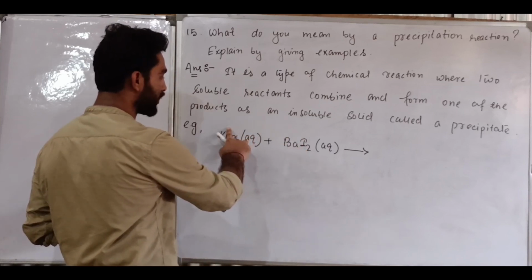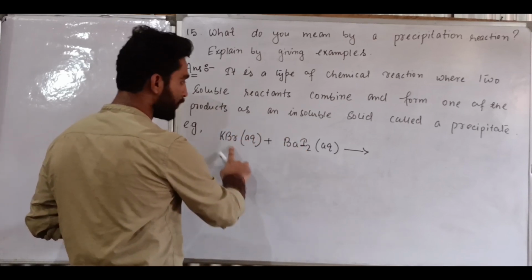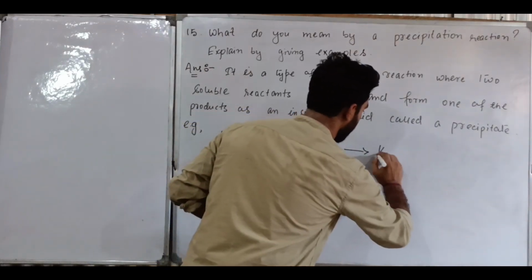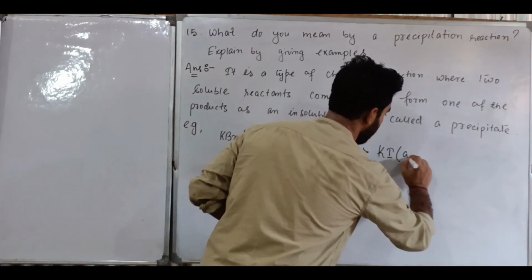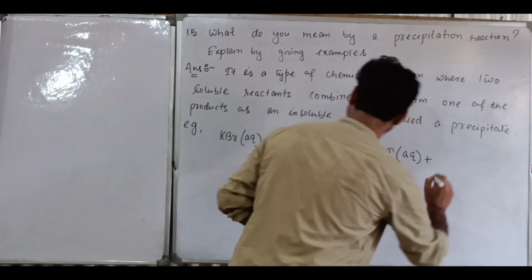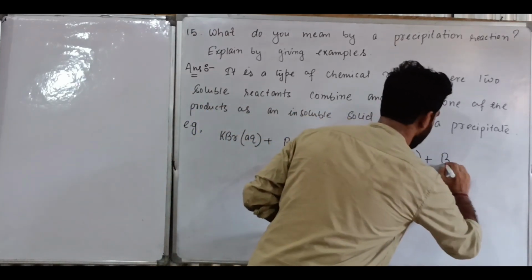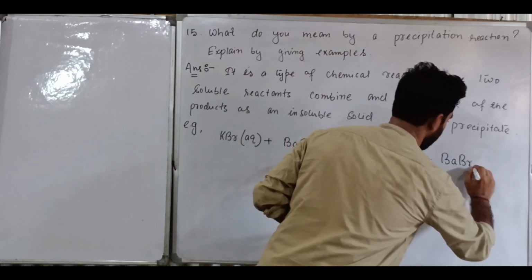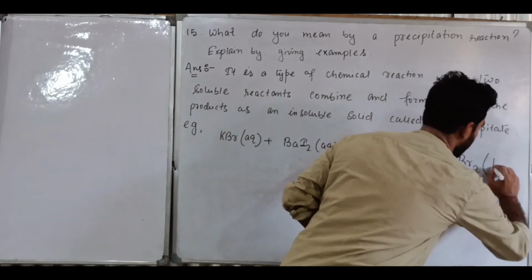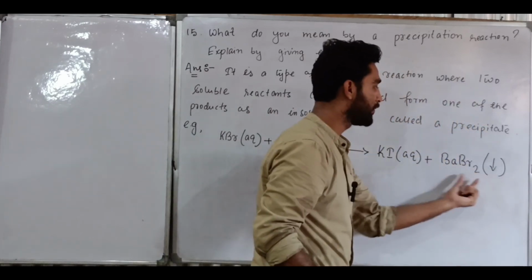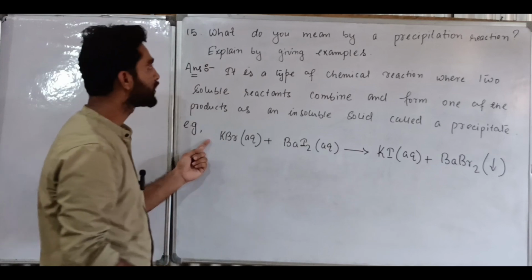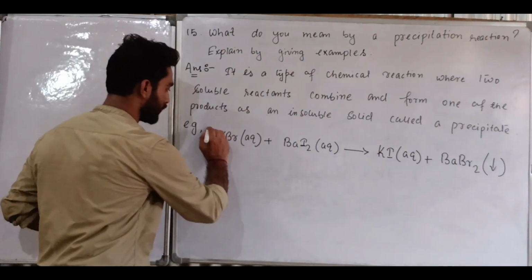Iodine will come in place of bromine, and the bromine will go in place of iodine. So what they will form? They will form potassium iodide. Potassium iodide also we will get in aqueous form, but we will get the barium bromide. This barium bromide we will get in the form of precipitate. This arrow means we will get in the solid form, that is the precipitate. So this is one of the reactions of the precipitation reaction.